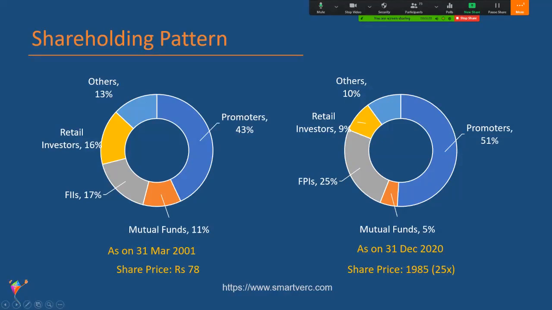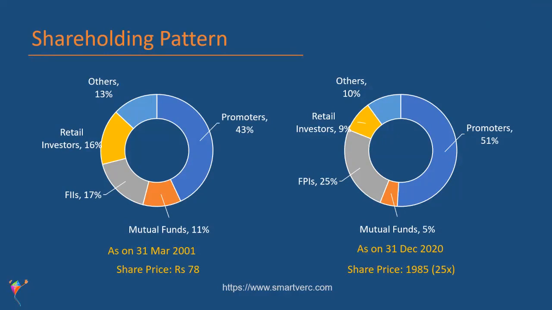And retail investors have reduced their holding from 16% to 9%. As it happens with almost every company, whenever the share price starts moving up, the retail investors start making an exit. But even in a company like Reliance, you can see the stake is almost half. Why I am saying even in Reliance?